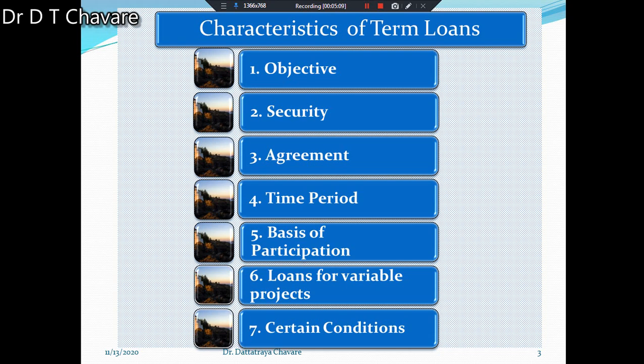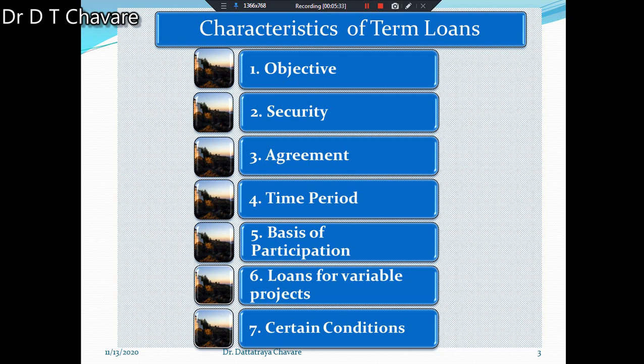Then another characteristic we have to study is basis of participation. If the term loan is very big or substantial, various financial institutions may participate in it.